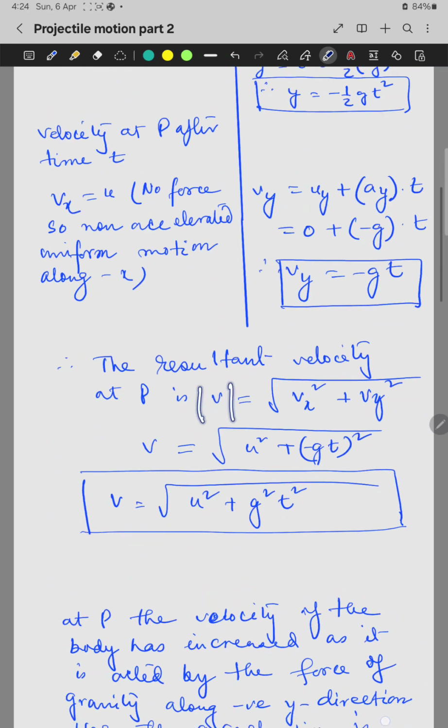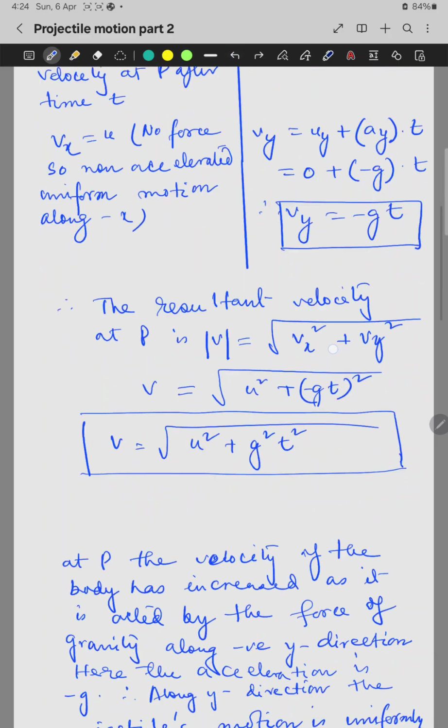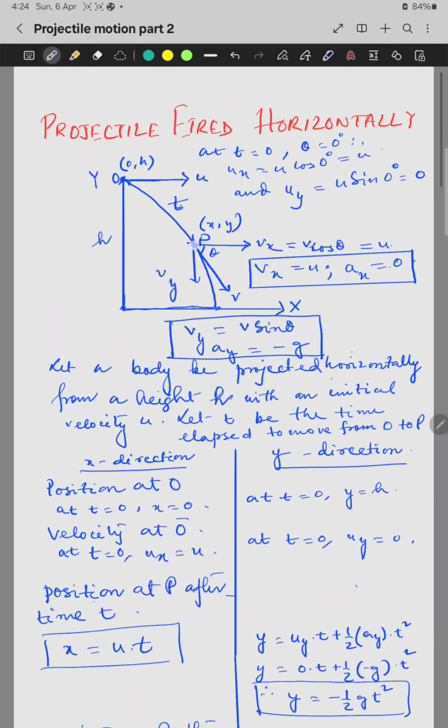The magnitude of v will be given by root over Vx square plus Vy square. So after squaring and adding, if we take the square root, we get the value of v, which is the velocity of the body at the point P.